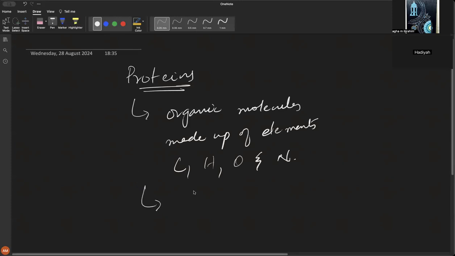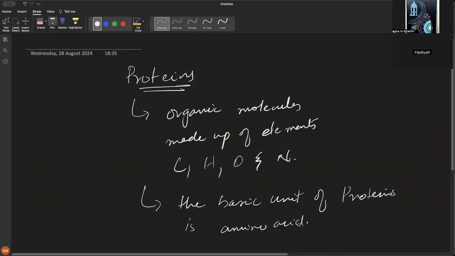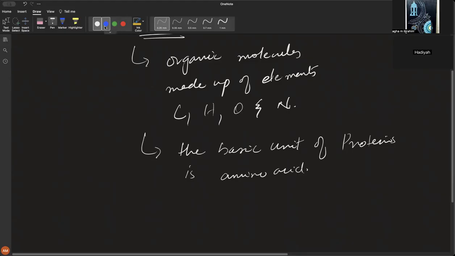Another thing we have to understand is that the basic unit of proteins is amino acid. Amino acids are the building blocks of proteins.